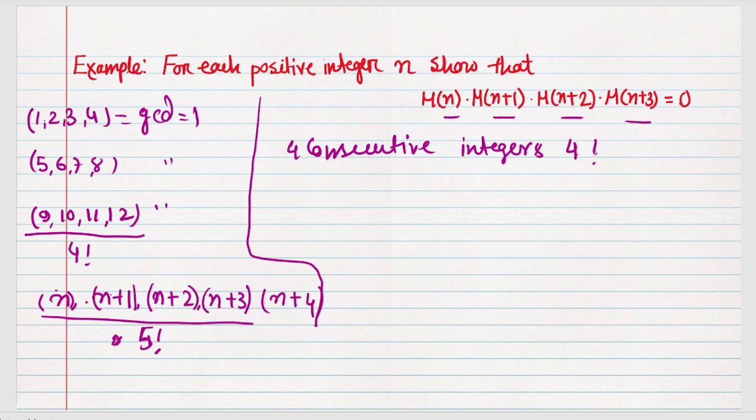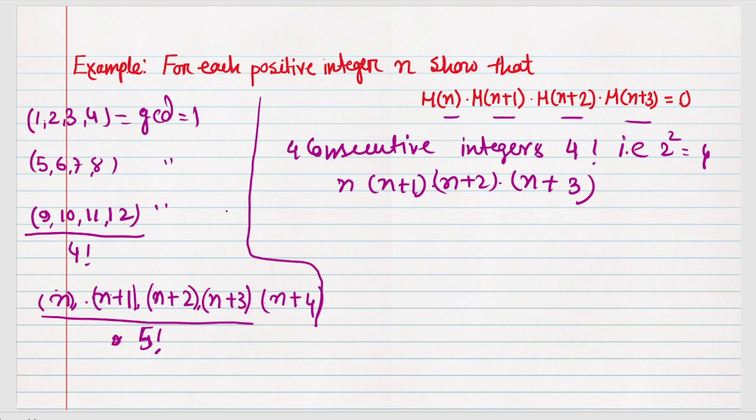That means 2 squared, which is 4, always divides n into n plus 1 into n plus 2 into n plus 3.